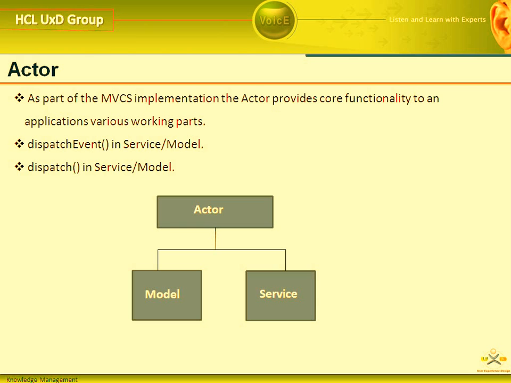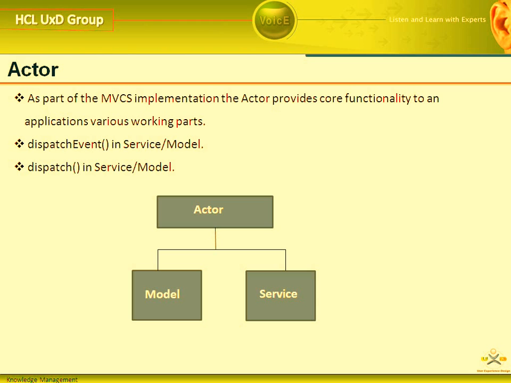If you want to transfer control from a service or model to a mediator, it is not possible using the dispatchEvent method. There is only one way. We have an event called dispatch of RobotLegs event. With this event we can transfer control from a service or a model to a mediator.